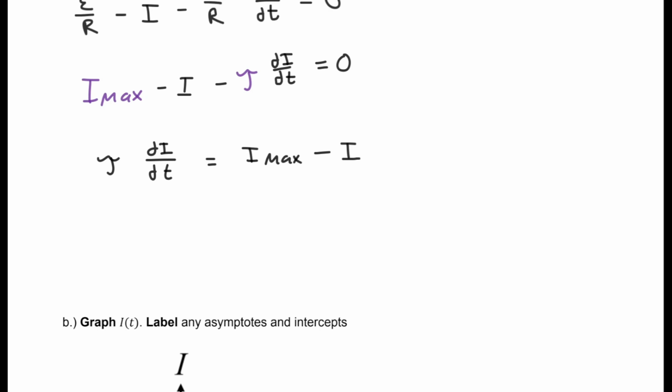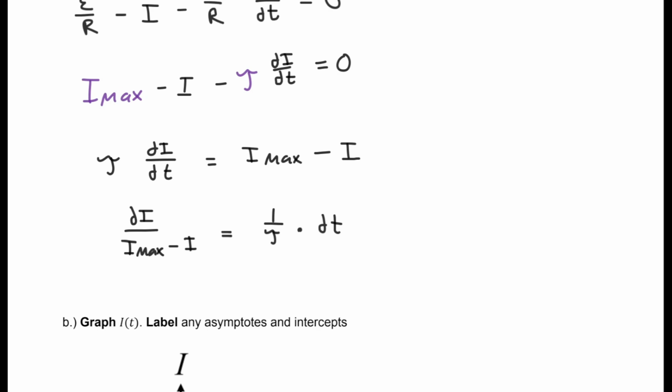And then I'll separate and integrate here. So I would get di divided by I max minus I would be equal to 1 over tau times dt. So again, I just separated.